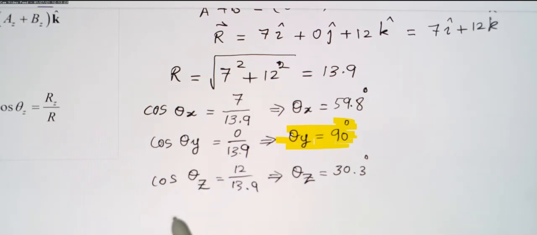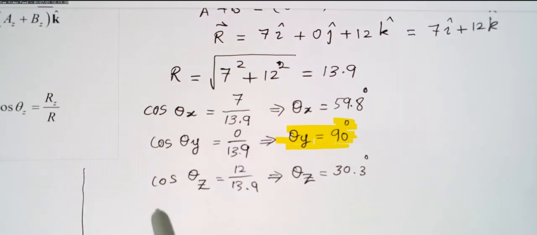So you have to use cosine, because we need the angle with the x-axis.